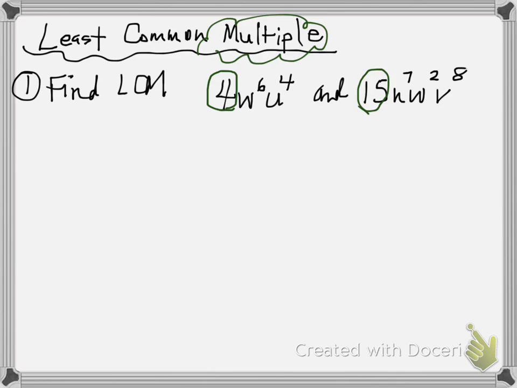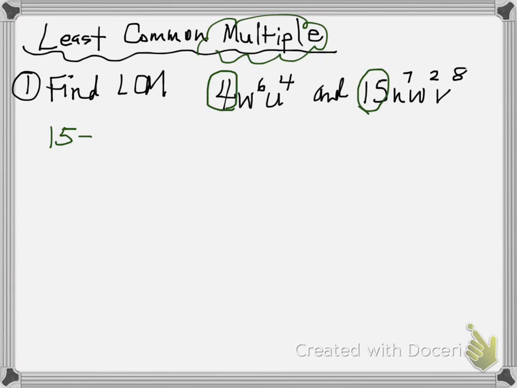So I have to think about all the multiples of 4. The multiples of 4 are 4 and 8 and then 12 and so on. The multiples of 15 are 15, then the next one would be 30, then the next one would be 45 and so on. To me, the easiest way to find the least common multiple with the numbers is to take the biggest number and get its multiples and then find one that the little number goes into.